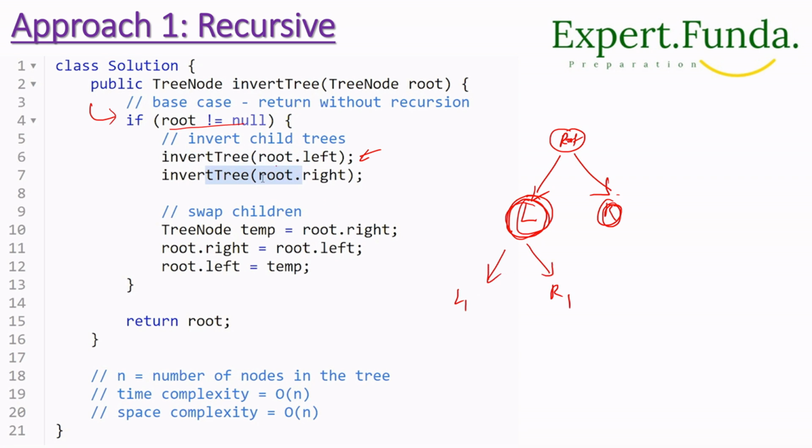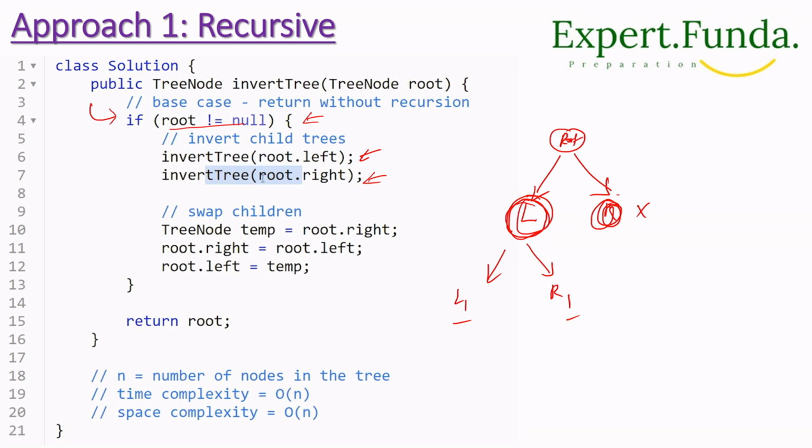Next time here in invert tree we are passing root dot left, and then L1 or R1. But here it is null, so this will not go inside because this is null. So we break the condition, recursion will not happen here.